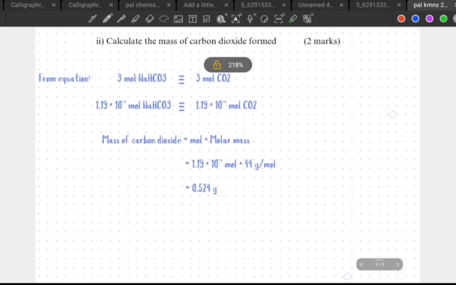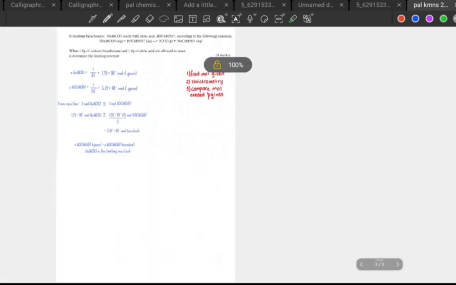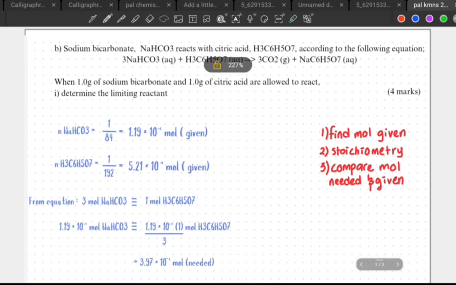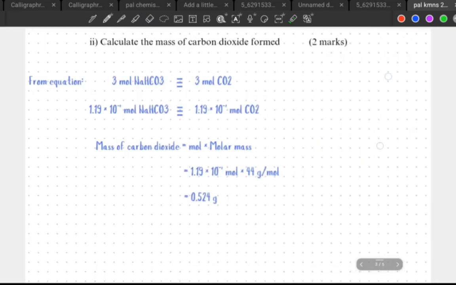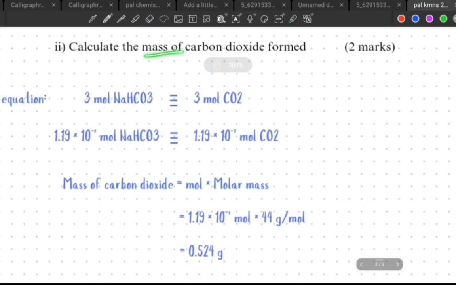Calculate the mass of carbon dioxide formed. Carbon dioxide is on the product side, not reactant. So to determine the mass, we have to do stoichiometry with the limiting reactant. Limiting reactant, just now we determined, is sodium bicarbonate. So 3 mole of sodium bicarbonate equals 3 mole of carbon dioxide.